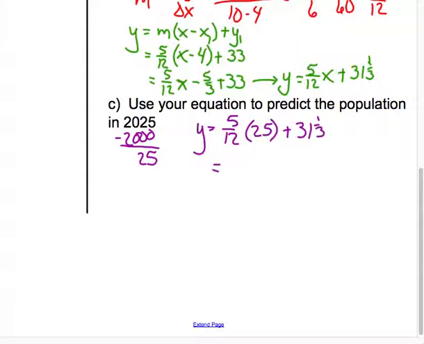And then I'm going to go ahead and use a calculator to evaluate this. And it's approximately 43, and then I'm going to multiply by 1,000 because remember the y value gave us our data values in thousands. So I'm going to multiply by 1,000 and round to the nearest whole person, and I'm going to predict about 43,750.